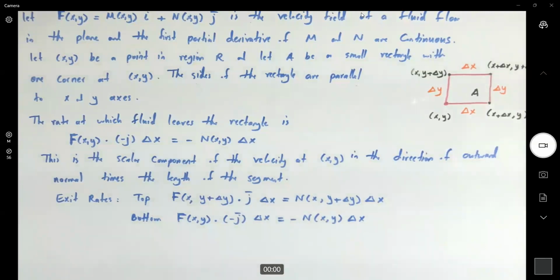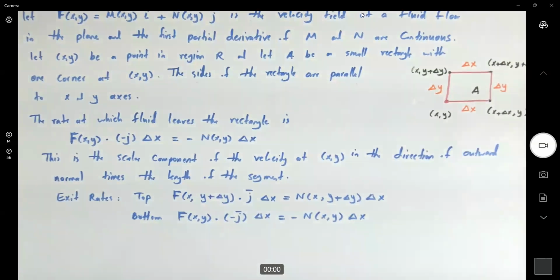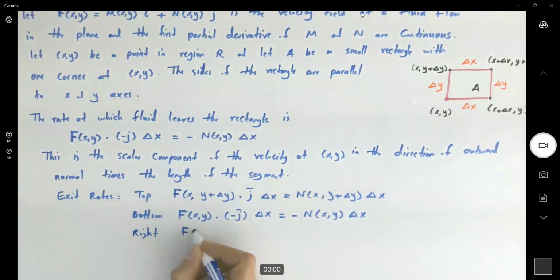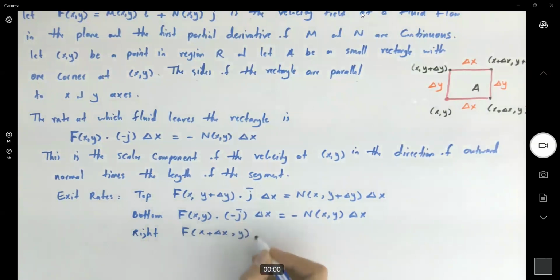And then for the right part, your vector field f of x plus delta x and y dot product with i delta x.